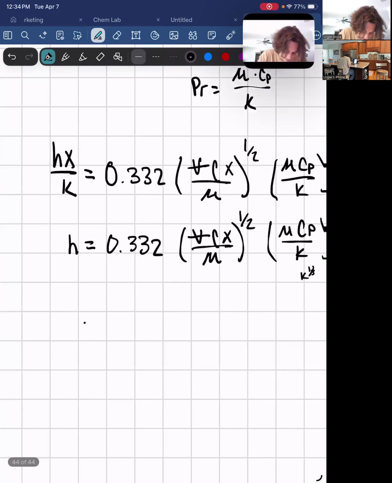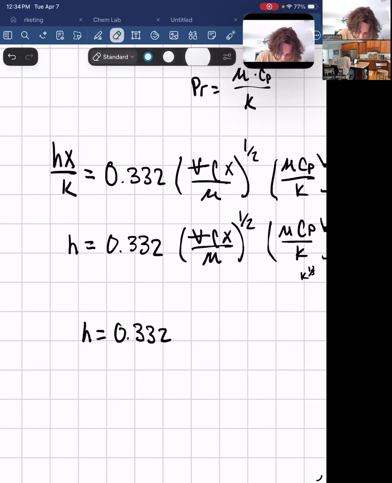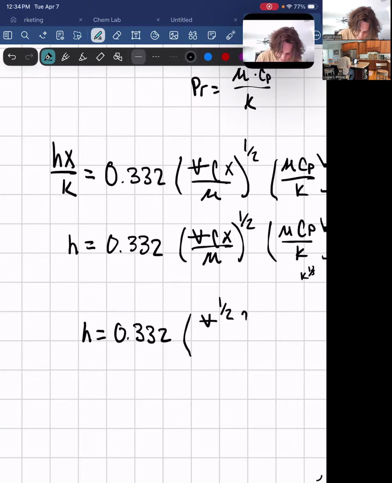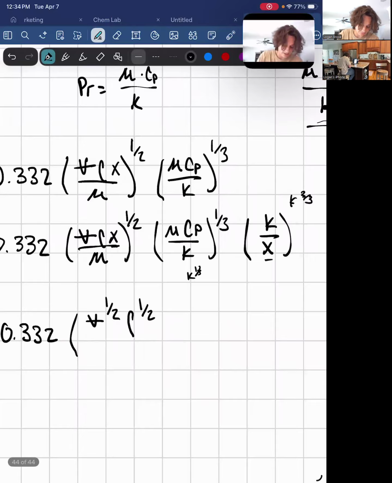So when we do that, we get H equals 0.332 times our velocity to the 1/2 times our rho to the 1/2 over our mu to the 1/2.